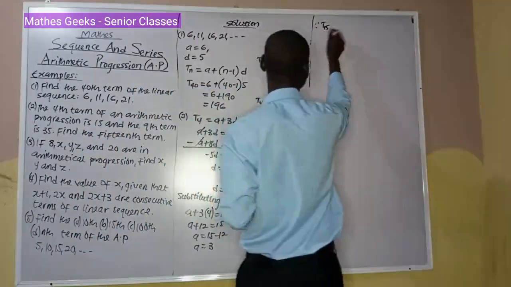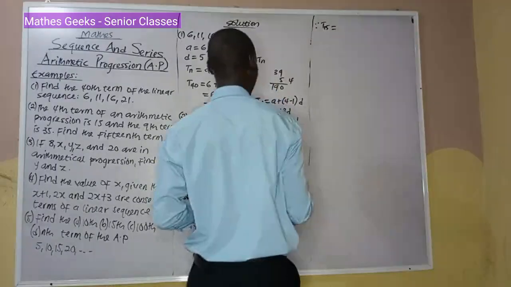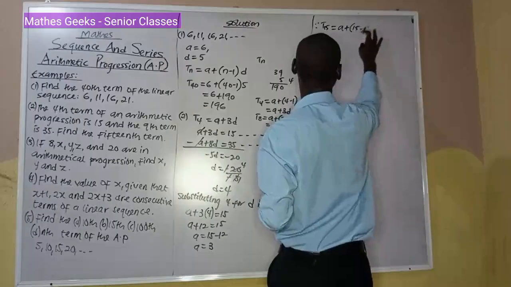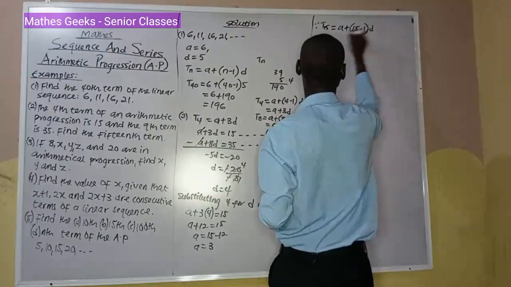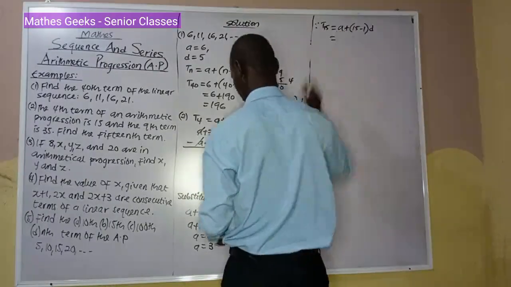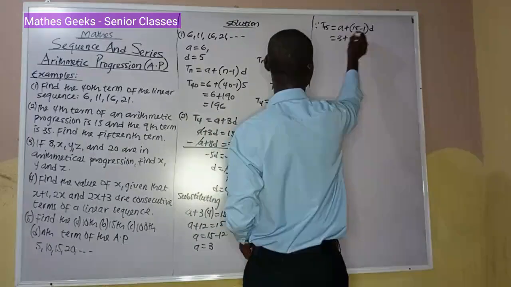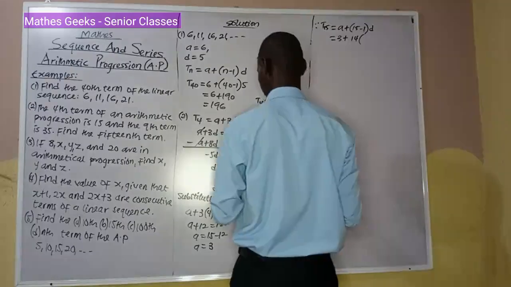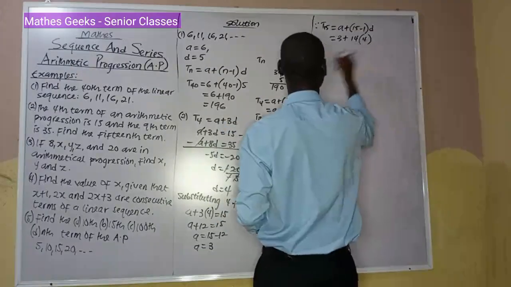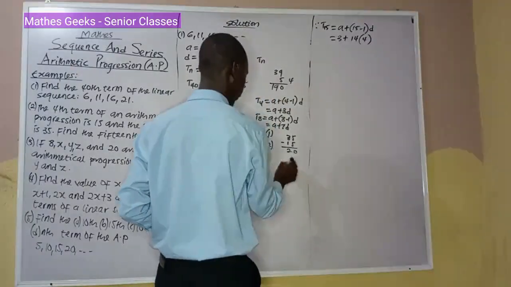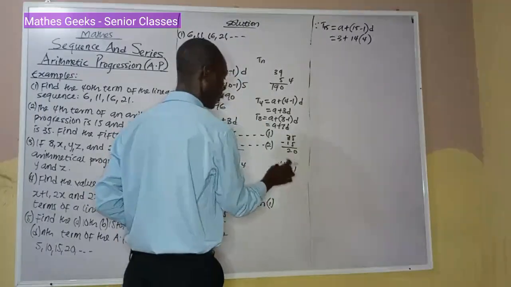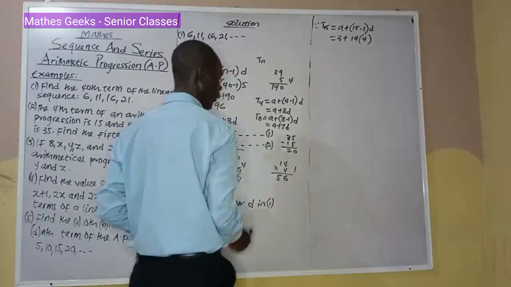So T15 is equal to A plus 15 minus 1 D. And this will give us A is 3, the first term, plus 15 minus 1 is 14, common difference is 4. So 14 times 4, what is it? 4 times 4 is 16, carry 1. 4 times 1, 4 plus 1, 5, 56.